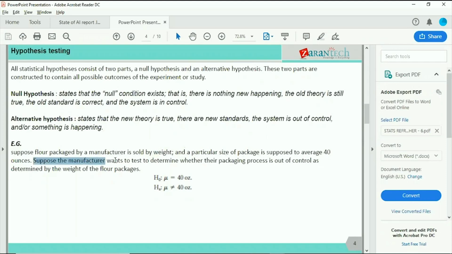Now suppose the manufacturer wants to test whether their packaging process is out of control, as determined by the weight of the flour packages. He wants to evaluate whether this fact is correct or not.